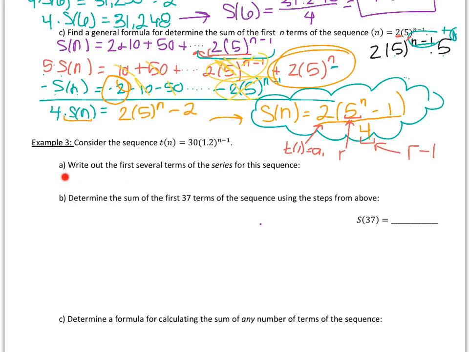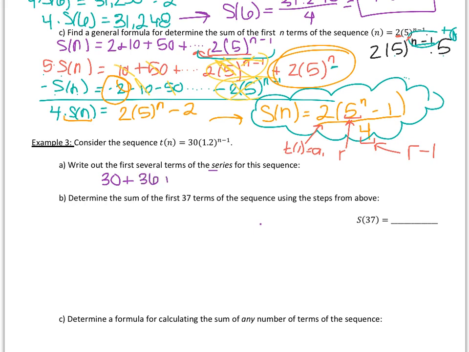So we've got this sequence, T of n equals 30 times 1.2 raised to the n minus 1. First of all, this is written in that form of a sequence where, because this n minus 1 is here, we know 30 is the first term of the sequence. So this series is 30 plus the next term. All I have to do is multiply 30 by 1.2, and that is 36.